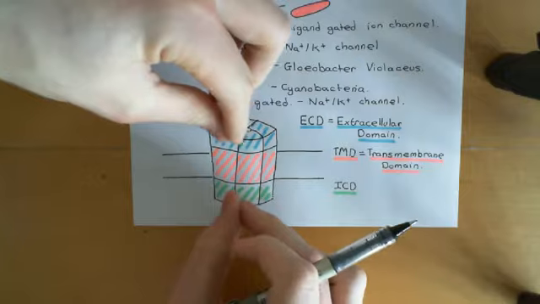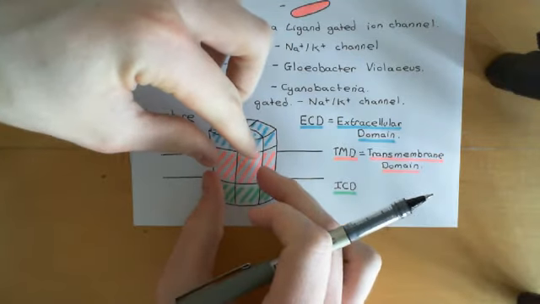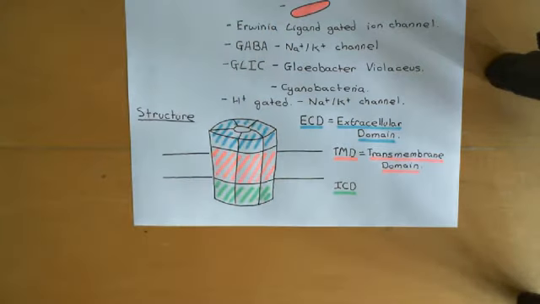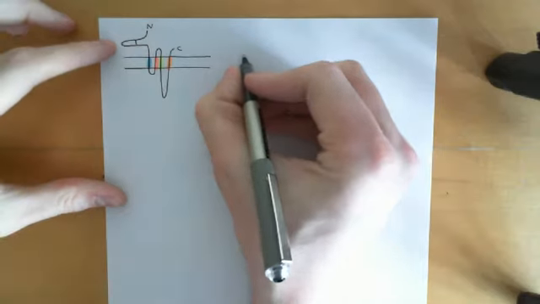We're just going to have this pentamer of the 5 transmembrane domains of the 5 cis-loop ligand-gated ion channel subunits in the cell membrane, and we're going to see how the membrane-spanning alpha helices of each of these 5 subunits are arranged in that pentamer.